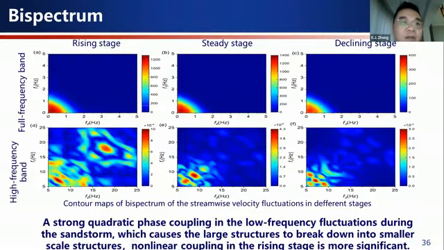The top 3 sub-figures present the bispectrum of the streamwise velocity fluctuations in different stages of a sandstorm. The contour maps of the bispectrum in different sandstorm stages are basically the same. Large spectrum values are concentrated in the low frequency region, indicating there is a strong quadratic phase coupling in the low frequency fluctuations during the sandstorm, which causes the large structures to break down into small scale structures.